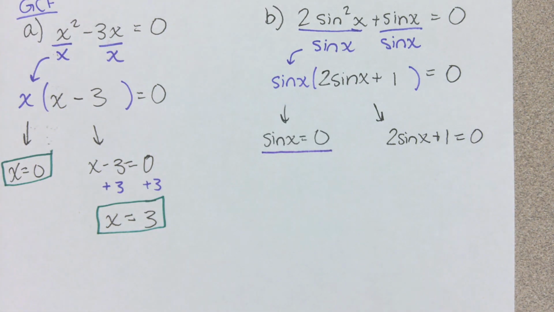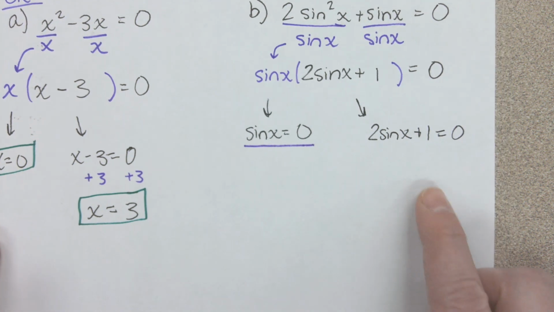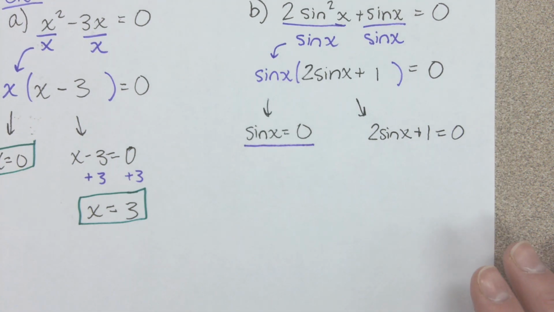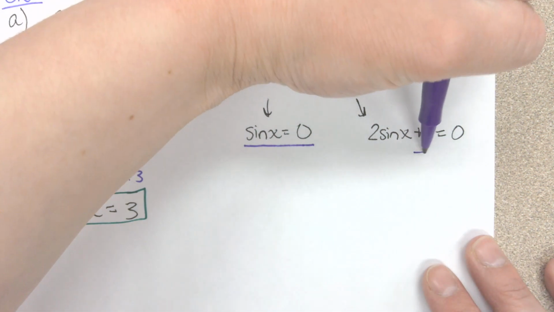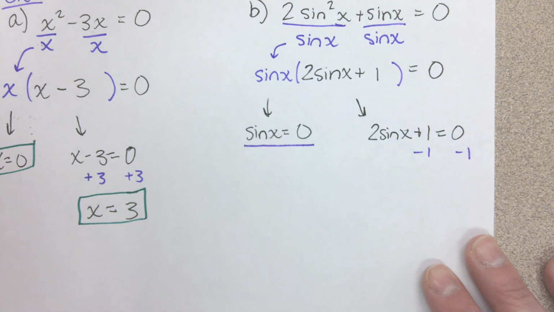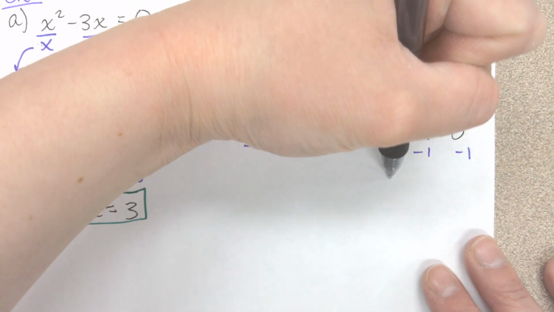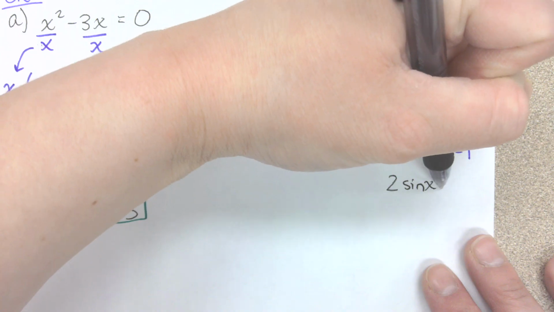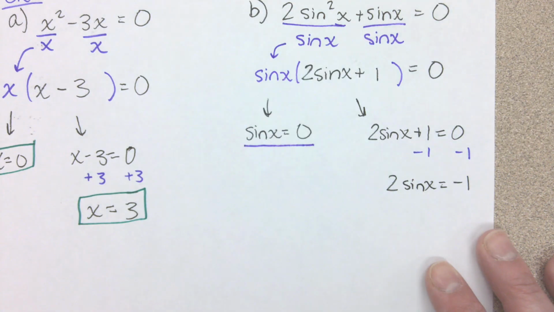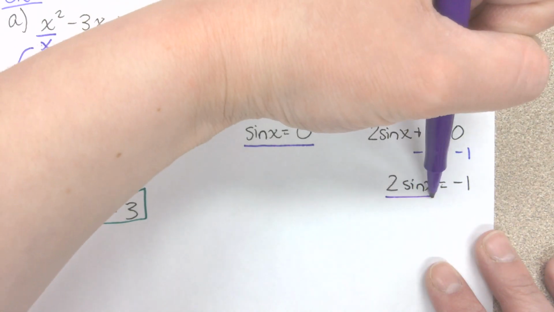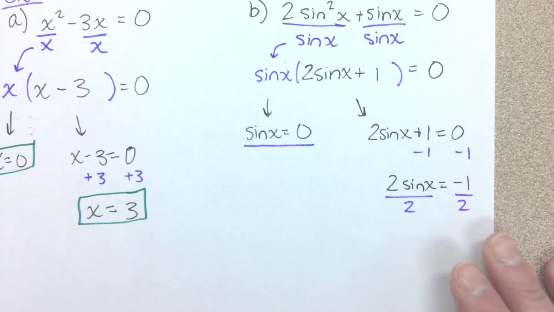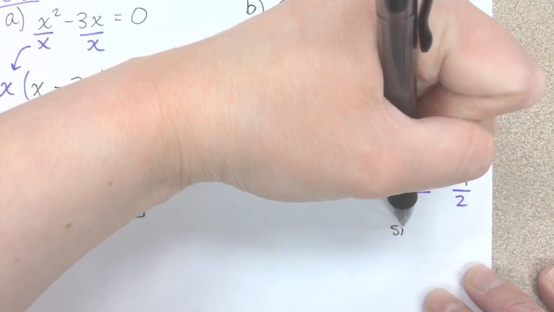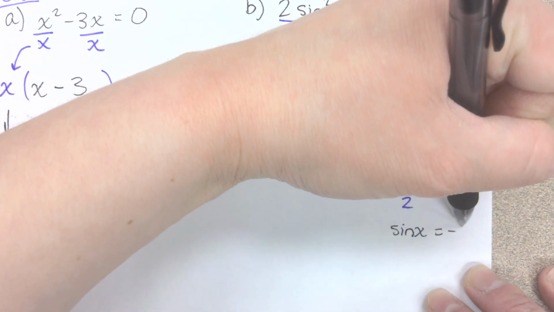So I'm going to keep that as it is for the moment. I'll go ahead and solve the 2 sine x plus 1 equals 0. We'll subtract 1 on both sides. 2 sine of x is equal to negative 1. Divide by 2. Sine of x is equal to negative 1/2.